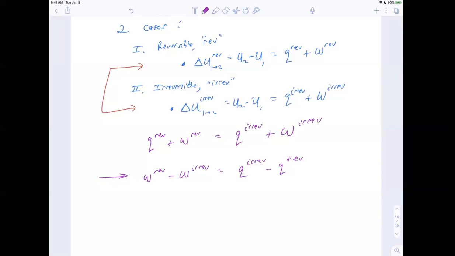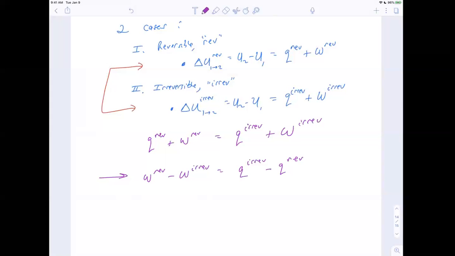So if we compress a gas reversibly, we have to do a lot less work than if we were to compress that gas irreversibly. And in the case of us doing work on the system, W is positive. So in that case, we see that W reversible is less than W irreversible.